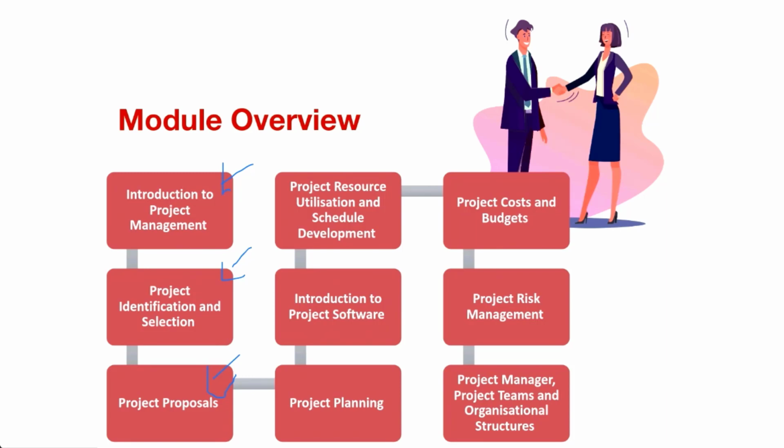Then we go into project resource utilization and schedule development. This allows you to schedule your project using some of the software, as well as a specific process that we'll talk through in the chapter.